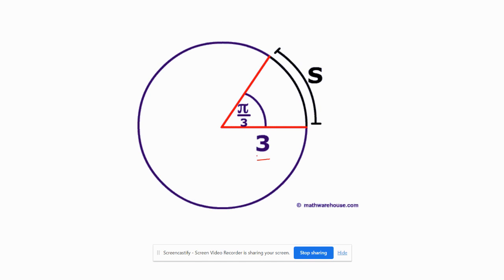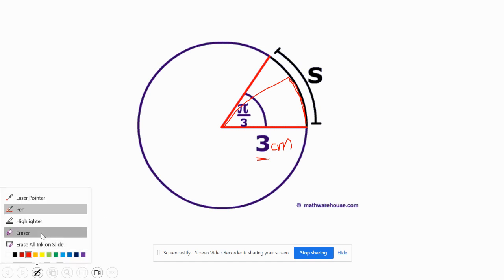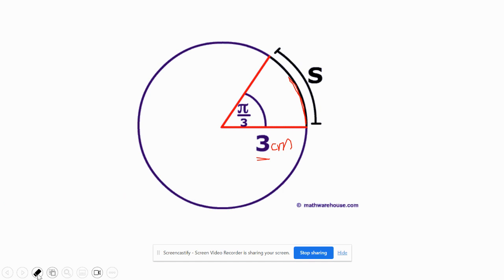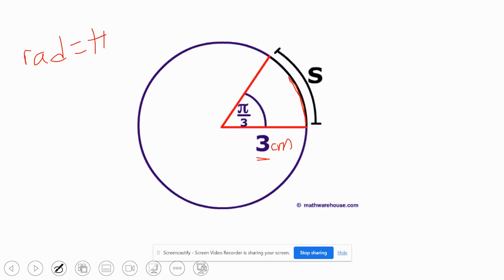So if I took this radius of 3, okay, and I put that 3 around the outside of the circle, wherever that 3 ended, let's just give it a unit to make this easier, 3 centimeters, the angle to that location would be 1 radian. Okay, so again, a radian is the number of radii around the circle.